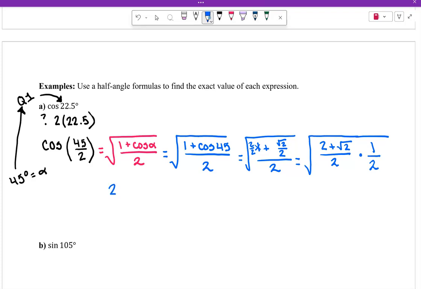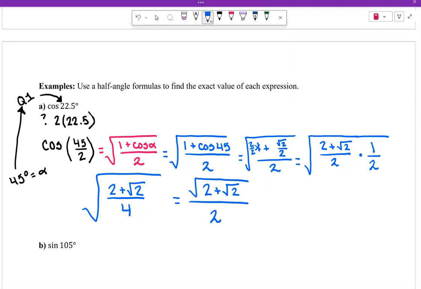So that means we're going to get 2 plus the square root of 2 over 2 times 2, which is 4. And then we can separate it. This is 2 plus the square root of 2 underneath the radical, but the square root of 4 is 2. And there you go. There's our answer.